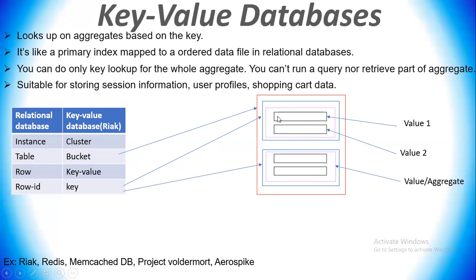This may be an electronic item. This may be a textile item. So the properties of these two items may be totally different. But it does not matter in key value databases. It will allow that. But you cannot do this with relational databases.